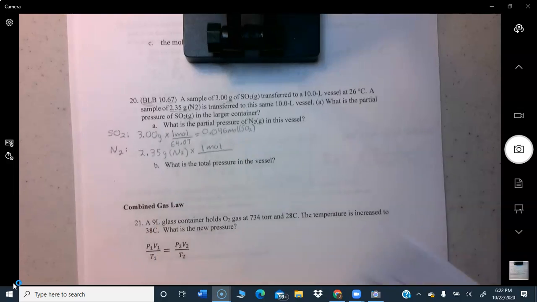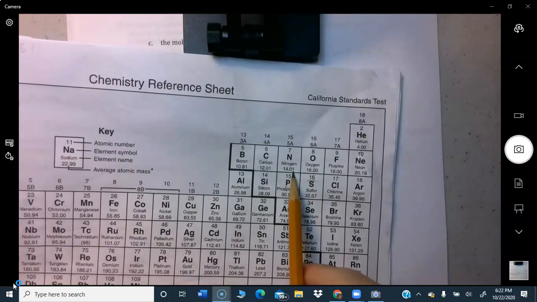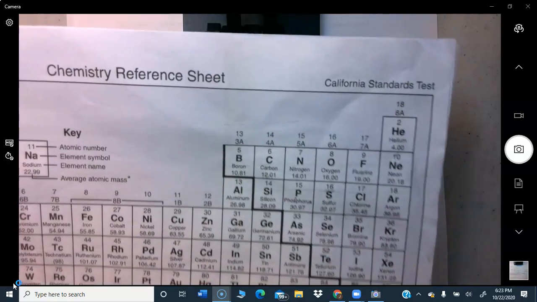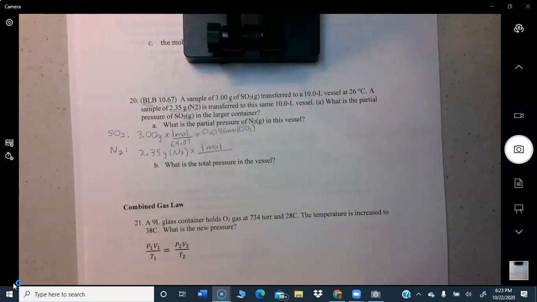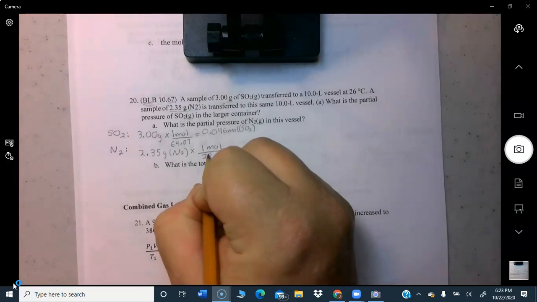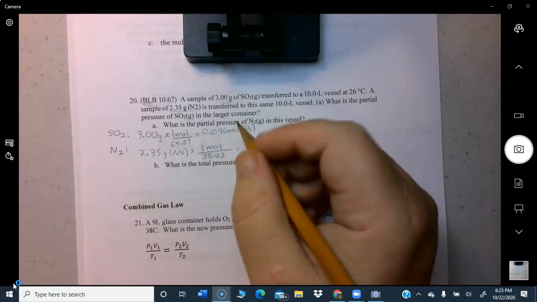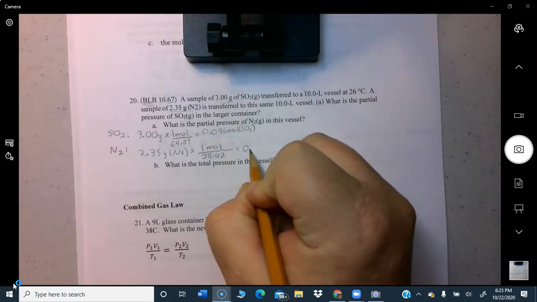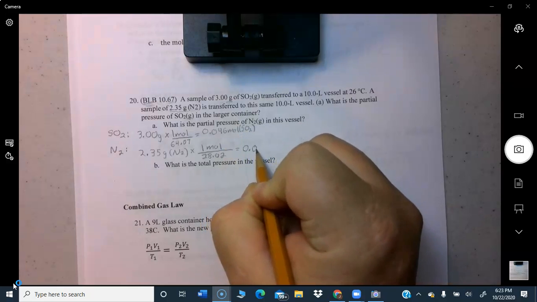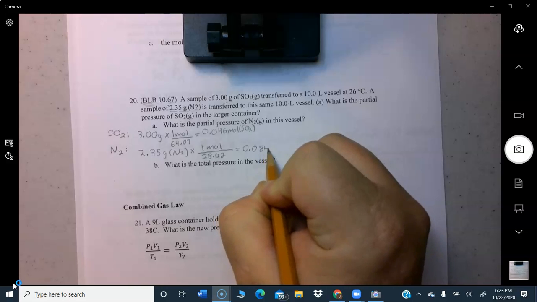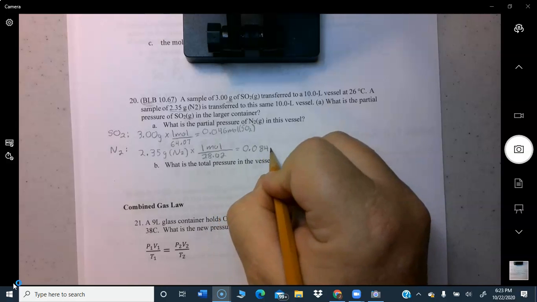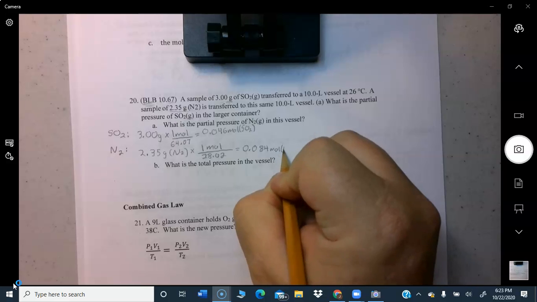And again, we come over here. Nitrogen is 14.01. There's 2 atoms per molecule, so it's 2 times 14.01. And that gives 0.84. I keep forgetting to say 0.84. There you go. And that's moles of N2.